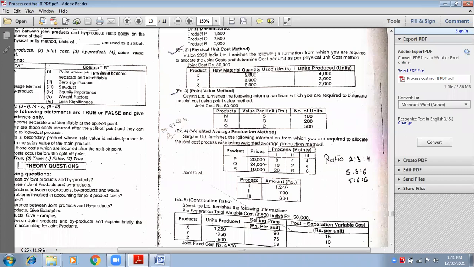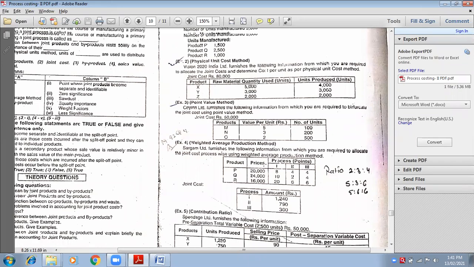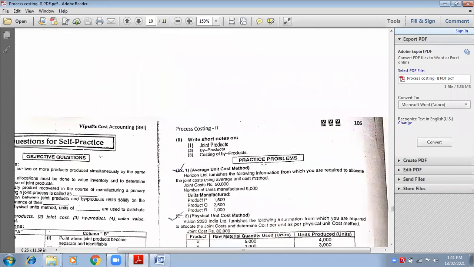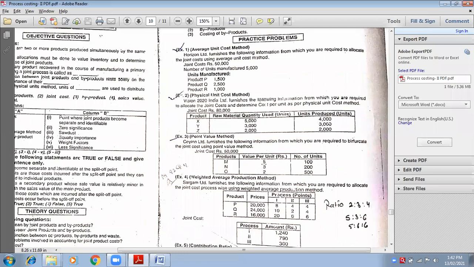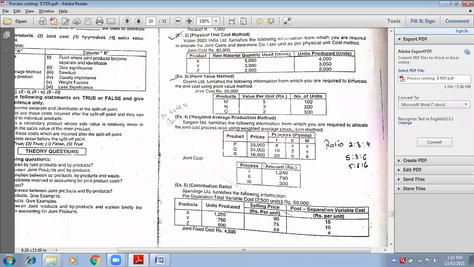And after that, next table you have to make for calculation of allocation of joint cost based on the ratios that were calculated in table number 1. So will you be able to do it in sum number 4? Yes, ma'am. Do it right now. I'm giving you time of 5 to 7 minutes. Okay? Do it right now.